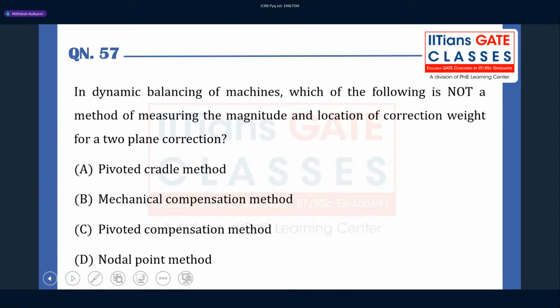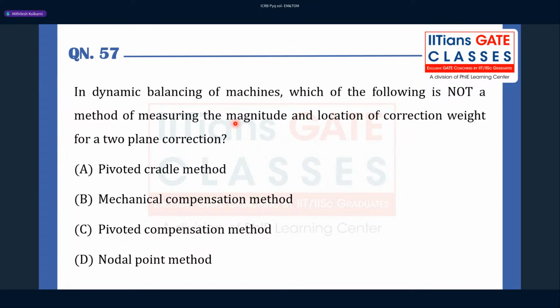Coming towards the next question, it is a theoretical question. In dynamic balancing of machines, which of the following is not a method of measuring the magnitude and location of correction weight for two plane correction?